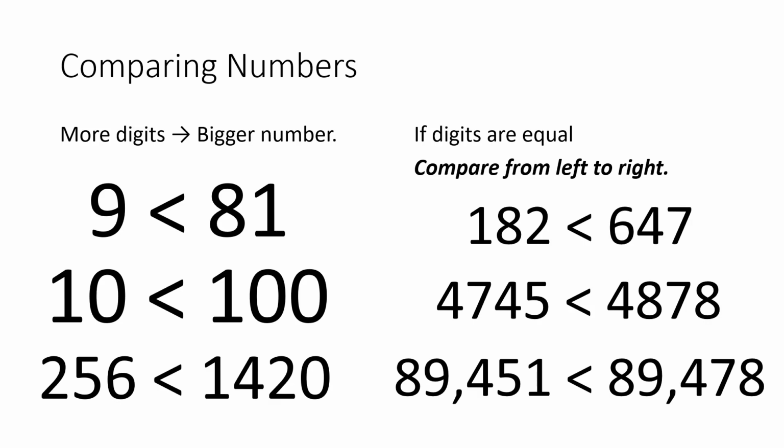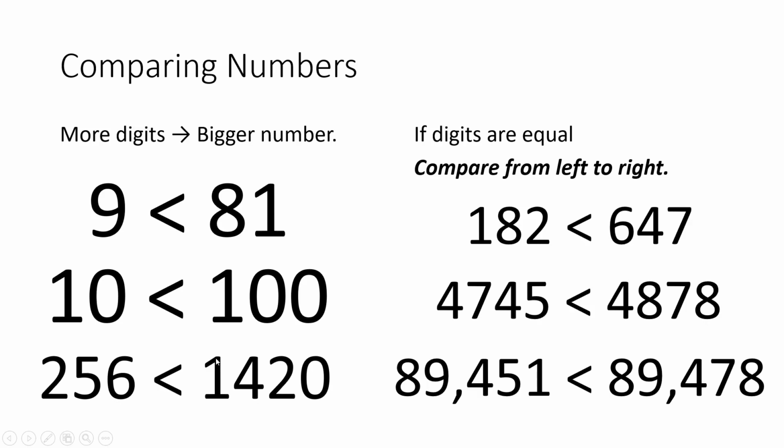Very easy. Okay, now we move on to another example. We see 10 has two digits, whereas 100 has three digits, which makes 100 bigger than 10. Again, we have 256, one number which has three digits, and 1420 which has four digits.